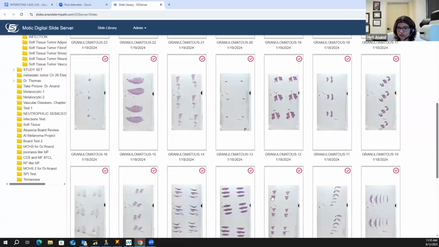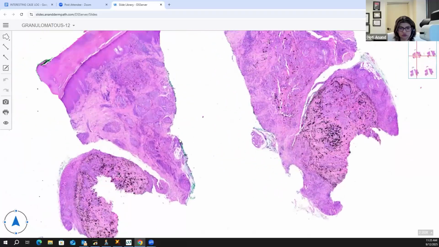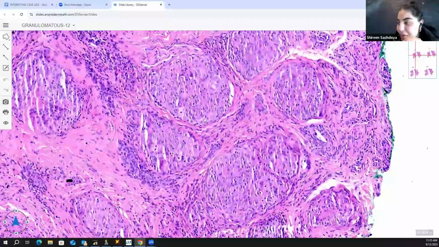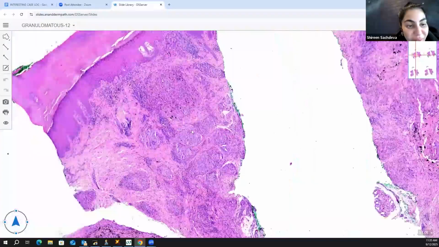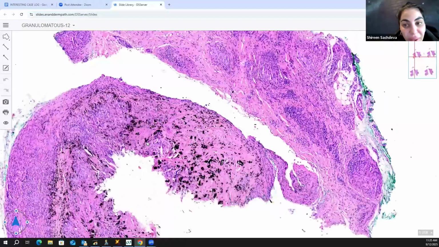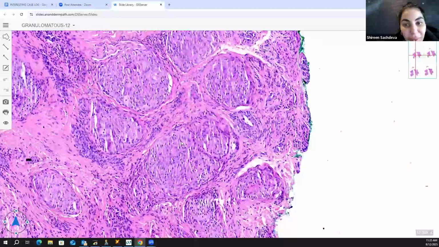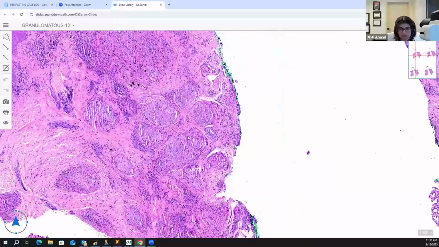Let's go to the next one, which is slide 12. I can take this one. We see tattoo pigment kind of deep, and then we see these really nice naked, well-formed granulomas. So we can say sarcoidal reaction secondary to tattoo. Yeah, good.